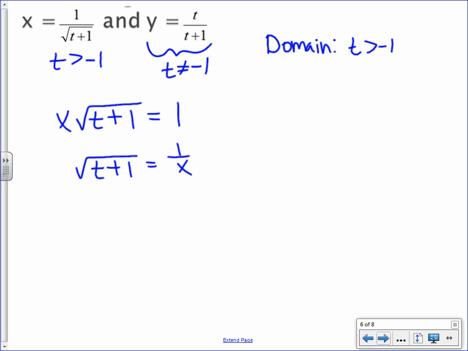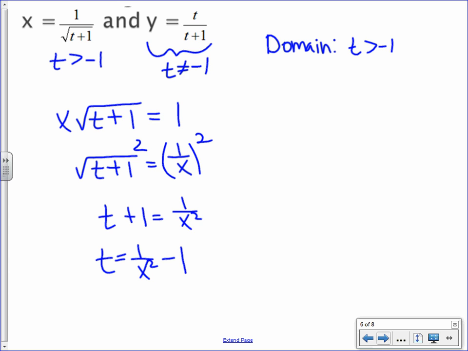Now, Jenna, what would you like to do? We can square both sides, which would give us t plus 1 equals 1 squared over x squared, or I'm just going to write 1 over x squared. And then subtract the 1. So we have t equals 1 over x squared minus 1. Wonderful.